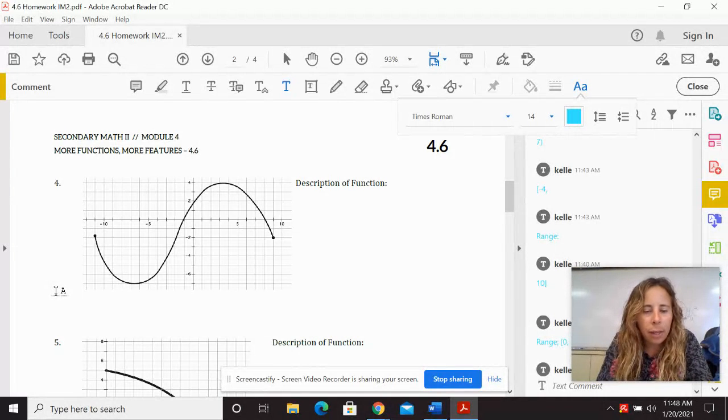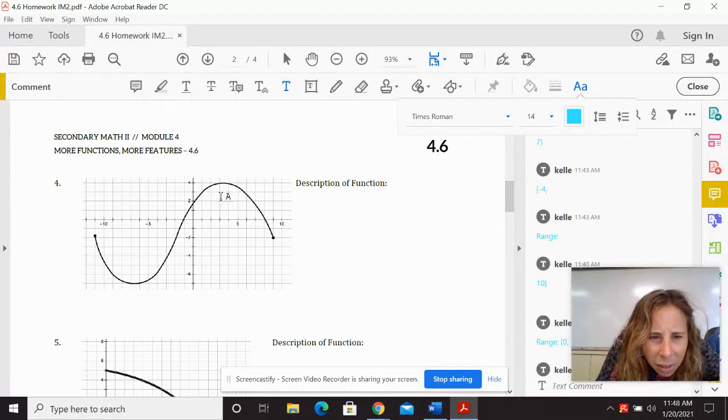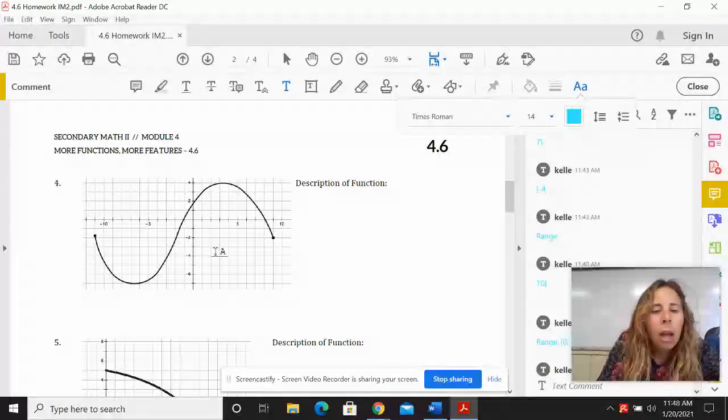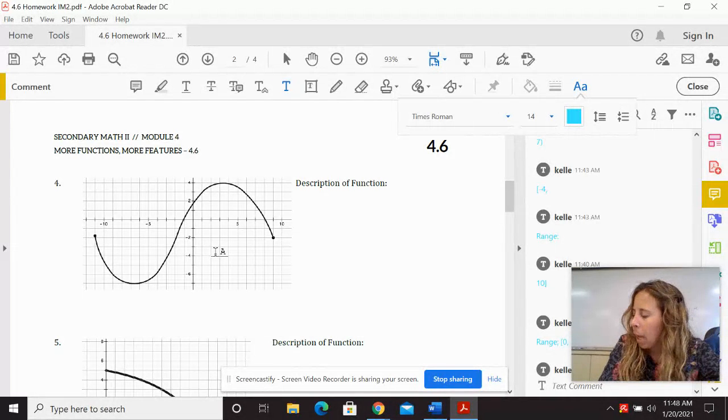So look left to right, farthest left point to farthest right point. Your range, low to high. So what's your lowest point? It's right here. And your highest point is right there. It's at 4. Your highest point is at 4. Okay.